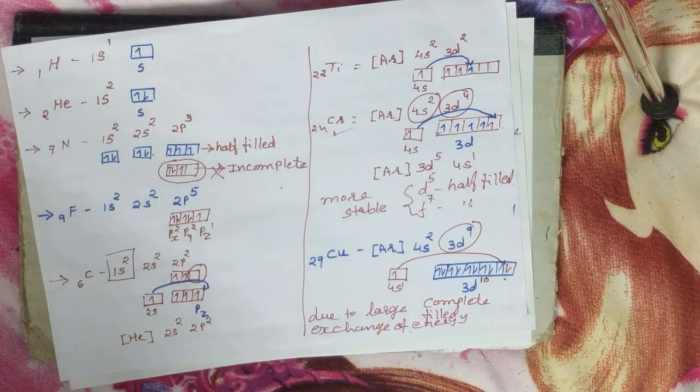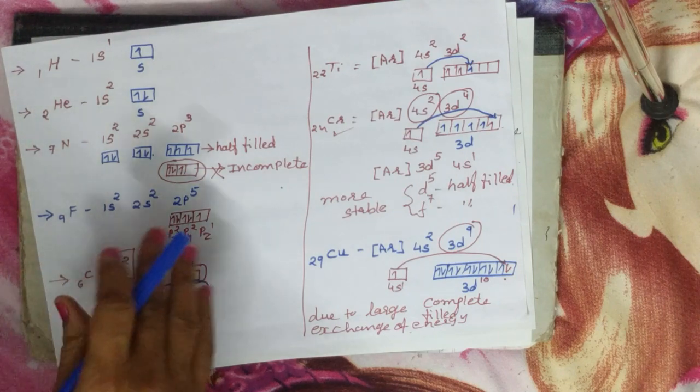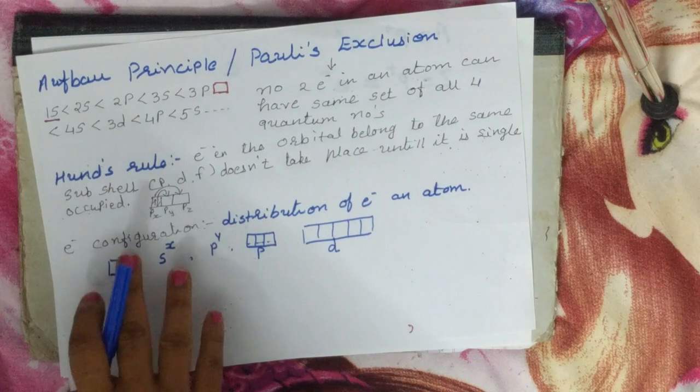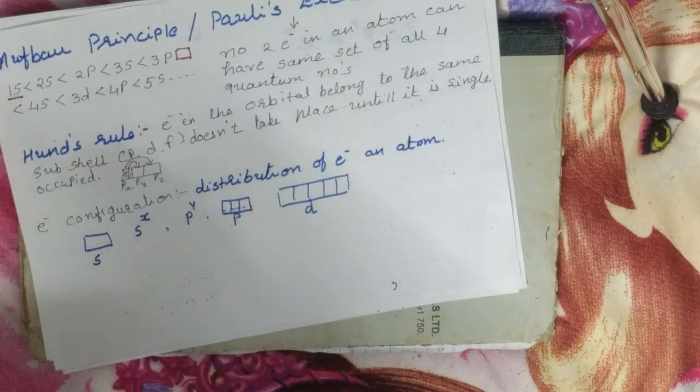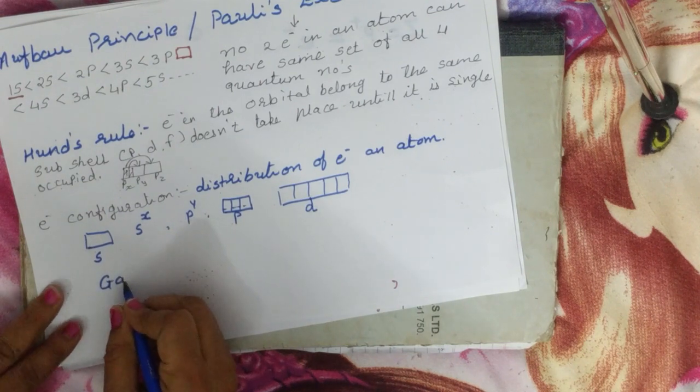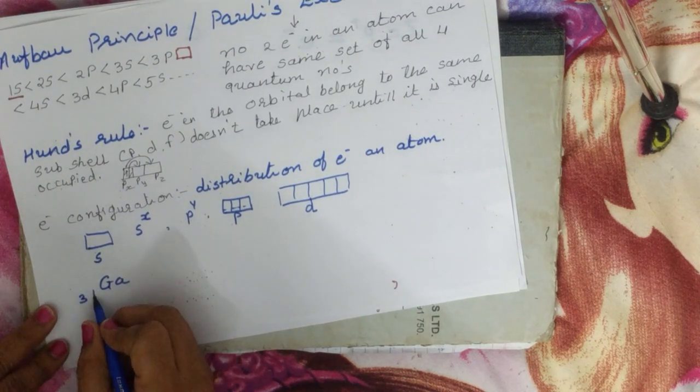So student, now you understand how you have to write down the electronic configuration according to all the principles which we have studied about electronic configuration. Suppose we go with gallium, then Z of gallium is equal to 31.